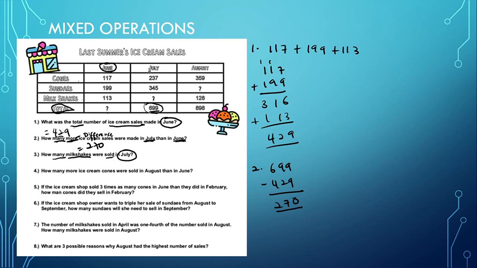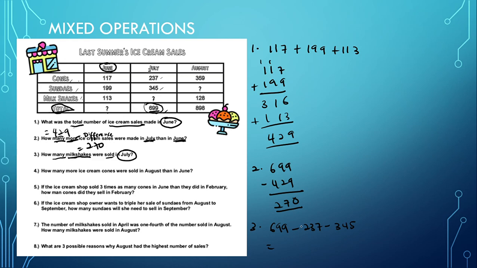And there are 3 types of ice cream in this table: cones, sundaes, and milkshakes. So we already know the cones and the sundaes and the total number of ice cream. Now we need to find the milkshakes only. In order for us to find out the milkshakes, we already have the total. So that would mean we need to do 699, the total, minus the cones sold and minus the sundaes sold.